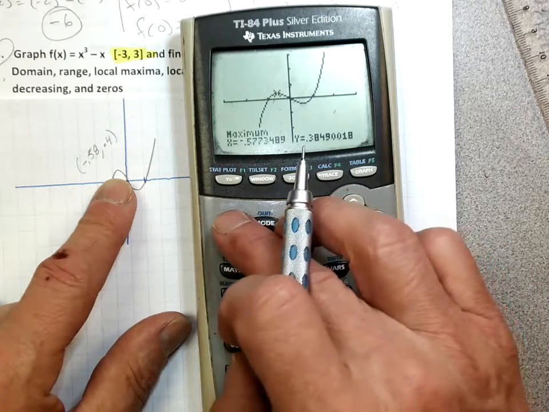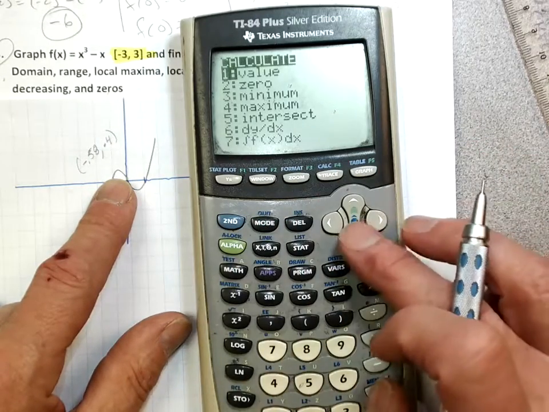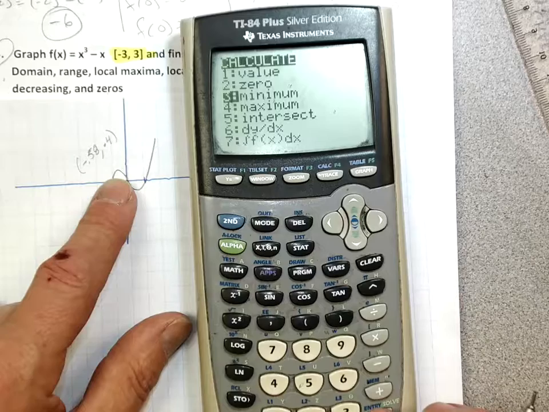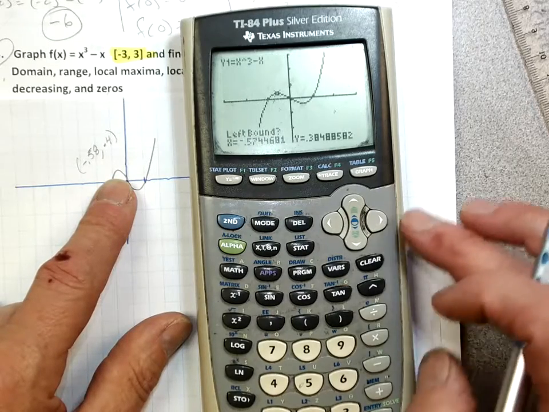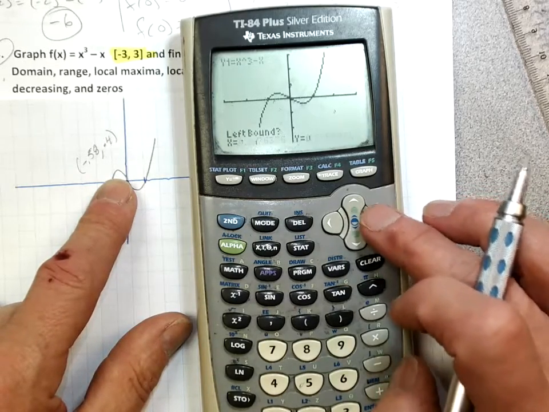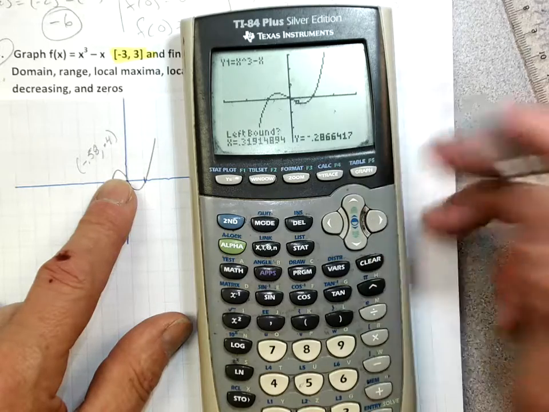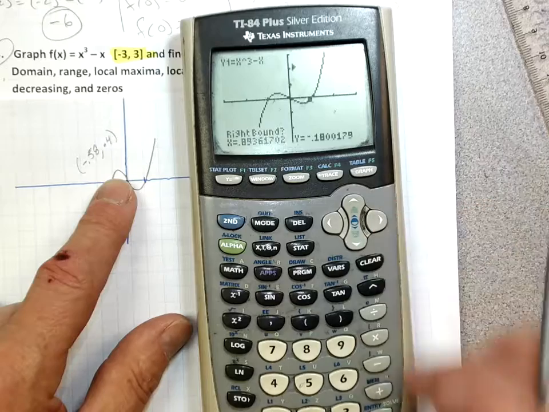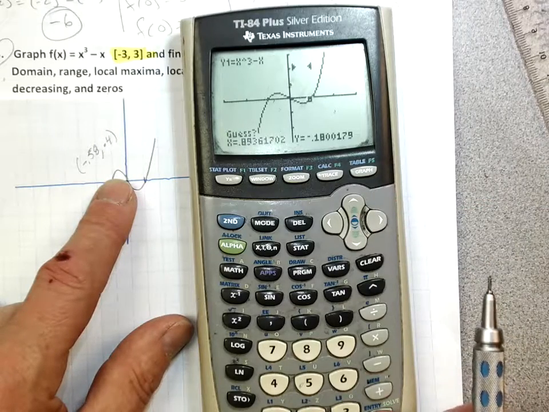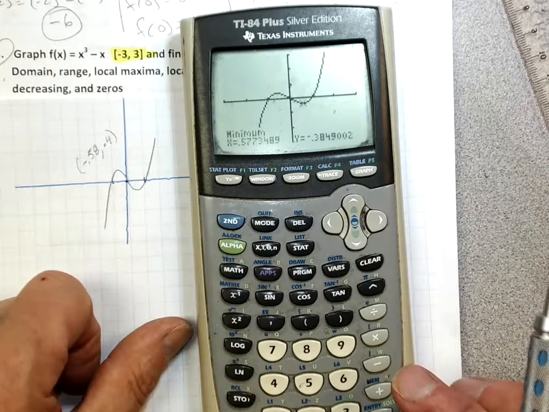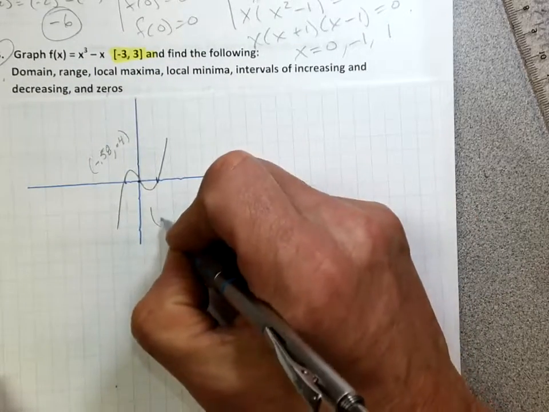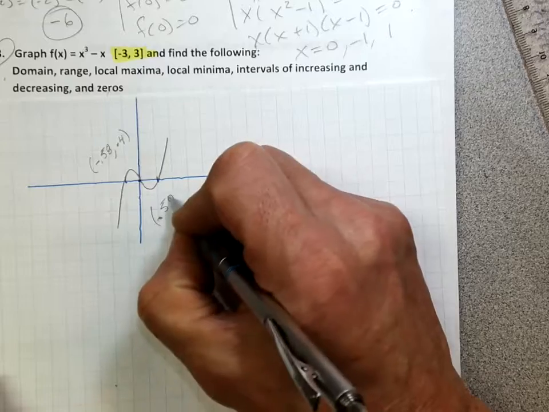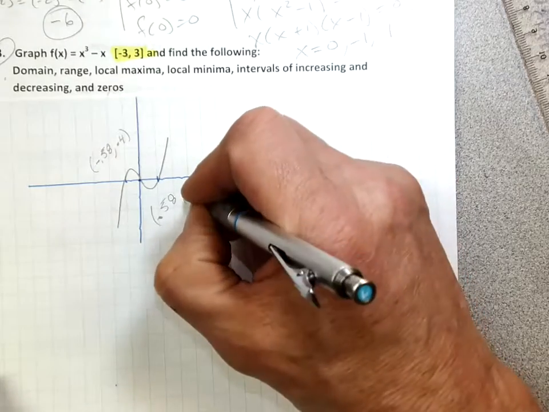So let's find the minimum. Same way, second calculate, let's go to the minimum. How am I doing? And it wants a left bound, so I'll go to the left-hand side of my minimum point. Minimum point's right about there. Lock that in, enter, and enter. Guess, right about there. So I get about a positive 0.58 and about a negative 0.4.